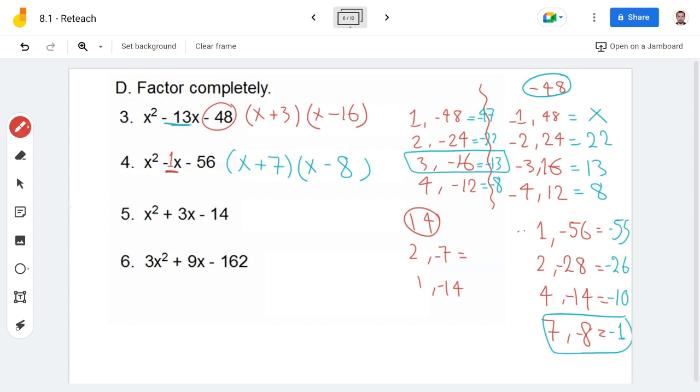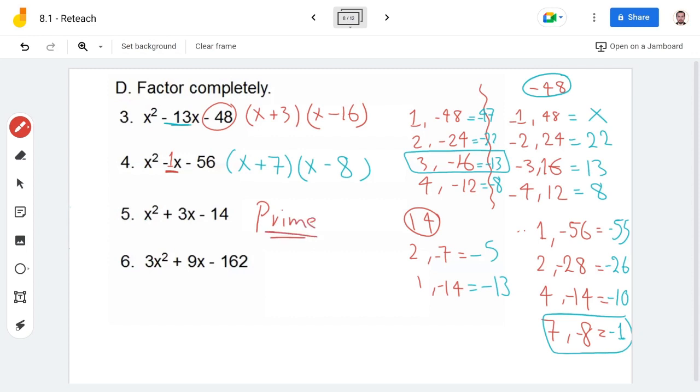Negative 7 plus 2 is equal to negative 5, and here we will have negative 13. If you check here, I don't have any numbers that work, so that means we call this one prime.